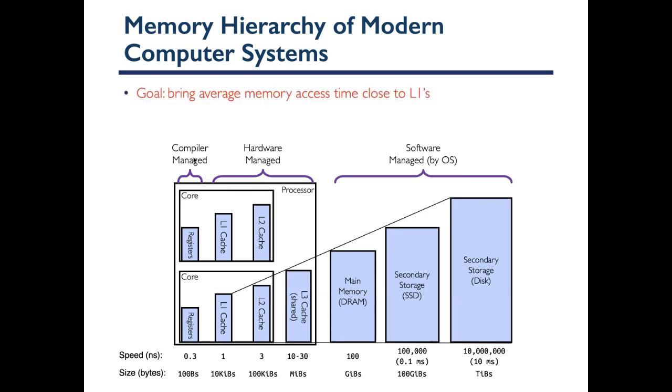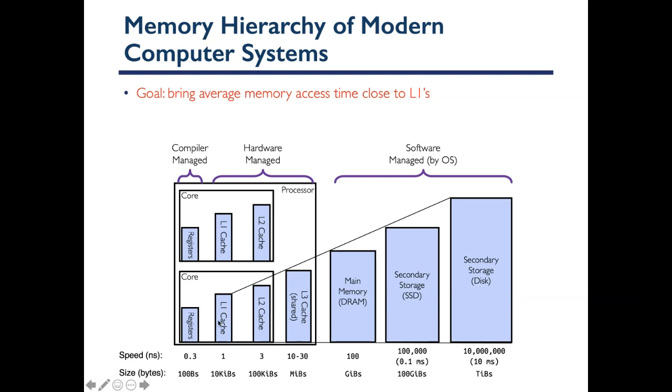The goal here with this hierarchy is to bring the average memory access time as close as possible to the speed of L1 caches. So we're going to use all these storage mediums to bring the access time as close as possible to L1.